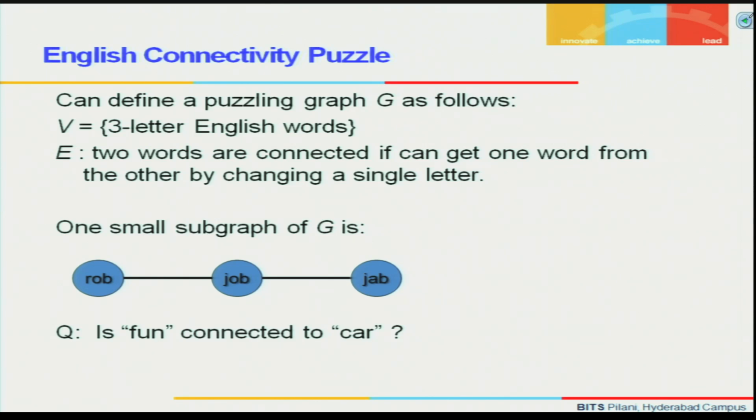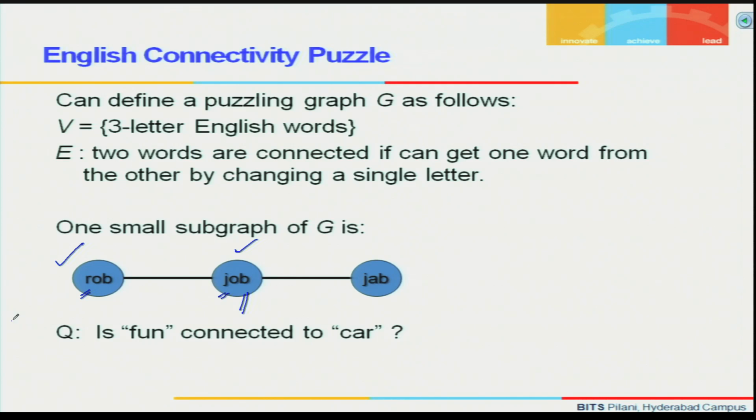Each vertex is a 3-letter meaningful English word. I will connect 2 words if one word can be derived from the other word by changing a single letter. For example, I have Rob, an English word. This is going to be a vertex of my graph. The graph will be very huge, you can imagine that. Between Rob and Job, I will have an edge because R can be replaced with J, and I get the word Job. Hence, I will connect Rob and Job.